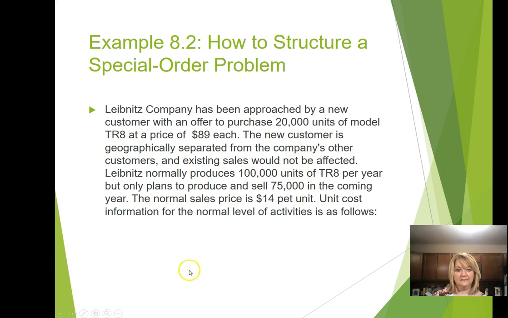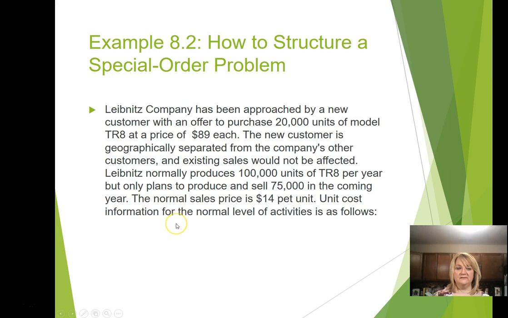Here is an example. Leibniz Company has been approached by a new customer with an offer to purchase 20,000 units of model TR8 at a price of $89 each. The new customer is geographically separated from the company's other customers, and existing sales would not be affected. Leibniz normally produces 100,000 units of TR8 per year, but only plans to produce and sell 75,000 in the coming year.